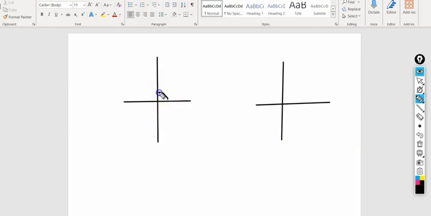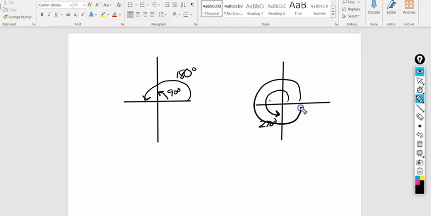This angle is 90 degrees. This angle is called the flat angle. It's 180 degrees. This angle, well, it's the flat angle and then 90 degrees more, so it's 270 degrees. And then a full revolution is 360 degrees.